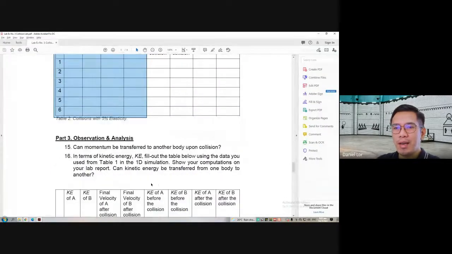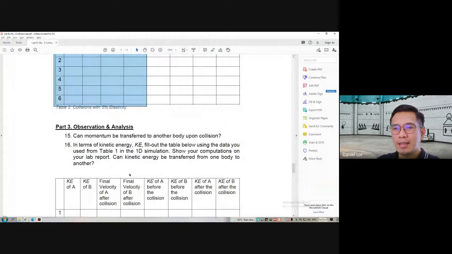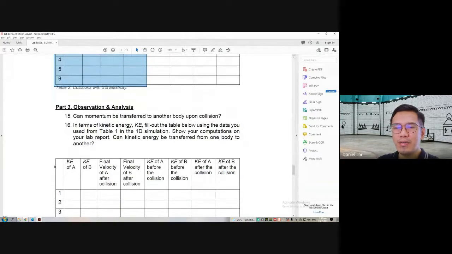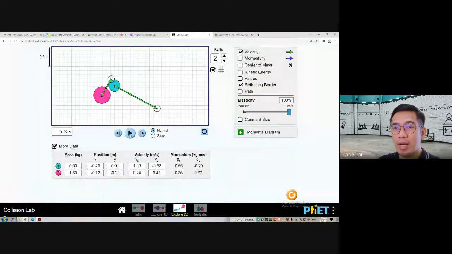For part 3, observation and analysis. Question number 15 or item number 15 is a question which you have to write on your lab report. Can momentum be transferred to another body upon collision? Based sa ato ang observation a while ago, the answer is yes. Diba? Nakita nato nga si small mag-change ang ilang momentum.